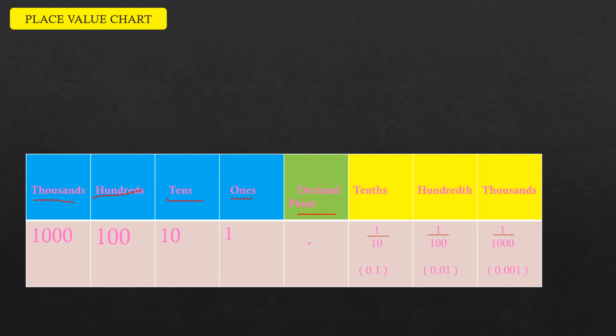Then after the decimal point we write tenths, hundredths and thousandths. Tenths is represented as 1 upon 10, but in decimal way we say it as 0.1. Hundredths we say as 1 upon 100, but according to the decimal numbers we say it as 0.01. In the thousandths place, we say it as 1 upon 1000, and according to the decimal numbers, we say it as 0.001. So I hope this place value chart is clear to you.